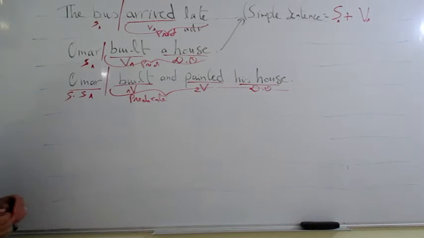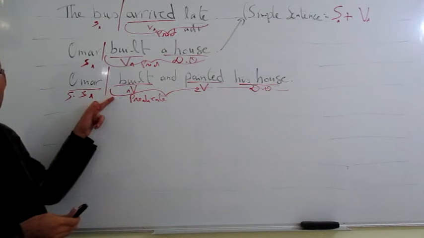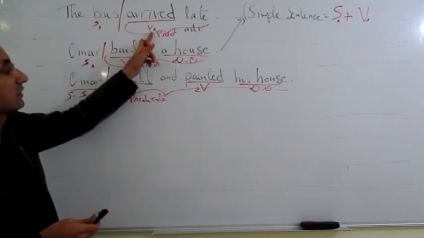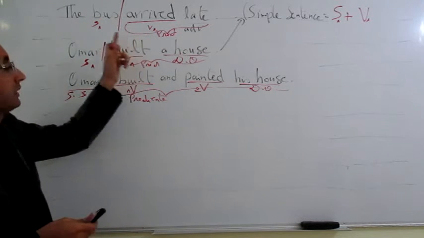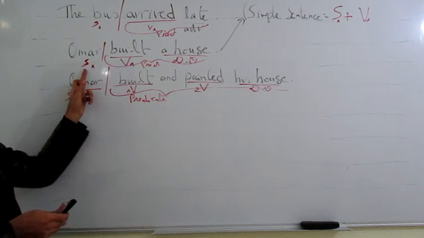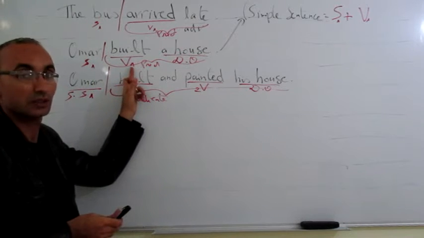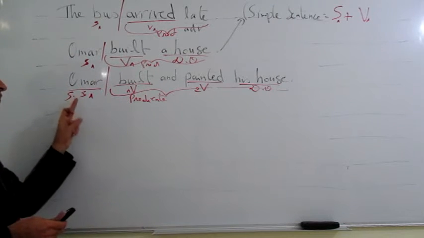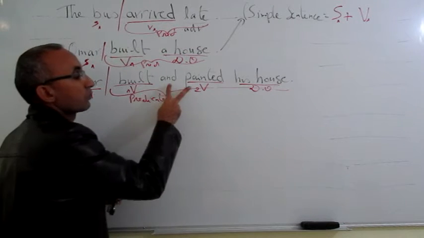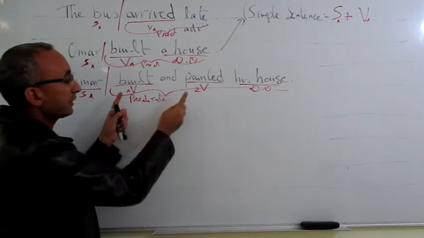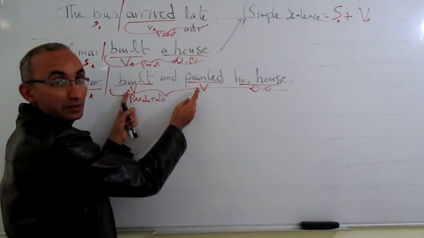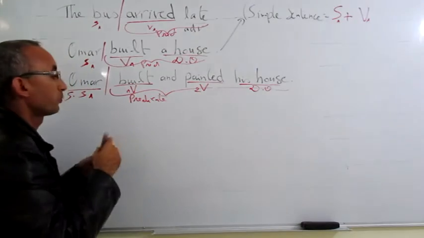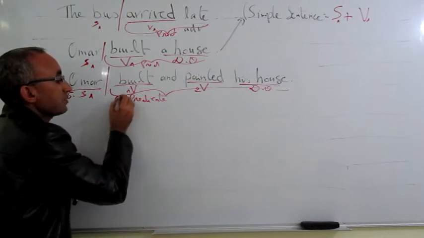Good. Now if you compare this example with the two previous ones, here I have one S plus one V. It's simple. Here also one subject plus one verb. So also it is simple. Now how about this example when I have one subject plus two verbs? But look here, both of them are within the same predicate. The same predicate.